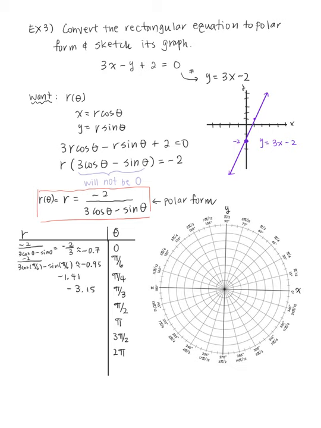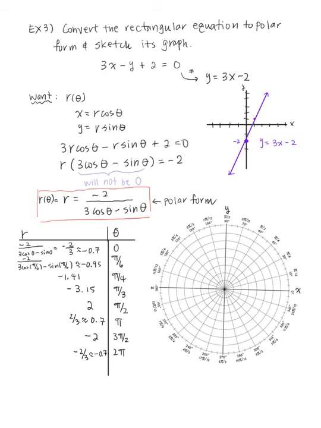And when theta is pi over 2, I got 2. That's a nice number for once. All right, and when theta is pi, I get positive 2/3, which is approximately 0.7. And at 3 pi over 2, I get negative 2. And then at 2 pi, I'm back at negative 2/3, which is negative 0.7.